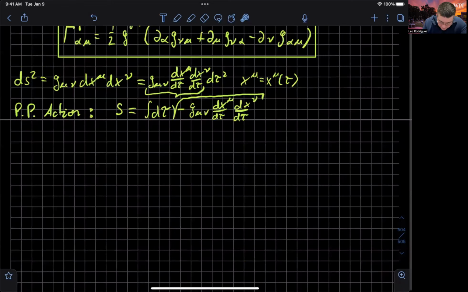And what we do now is we apply Hamilton's principle for stationary actions.